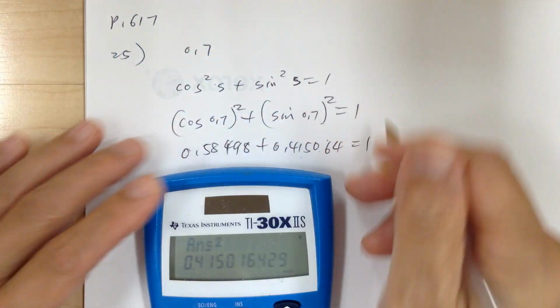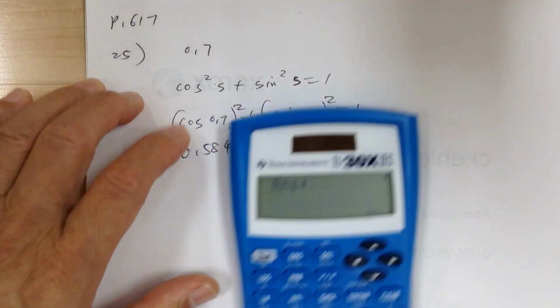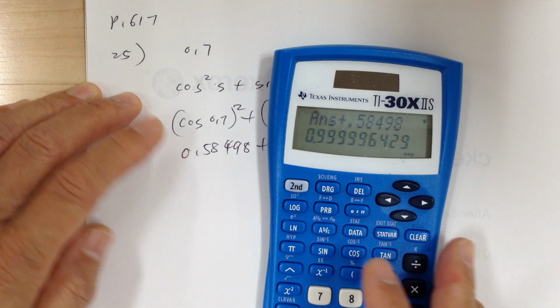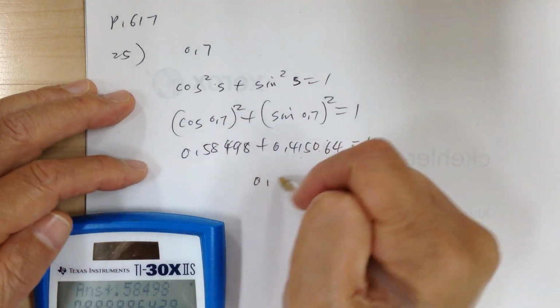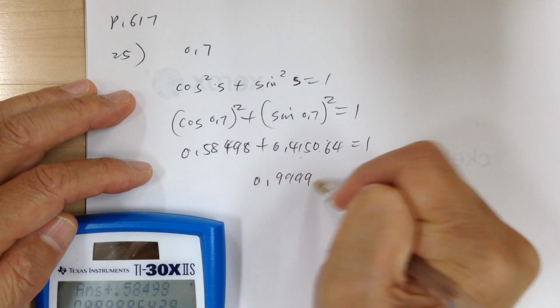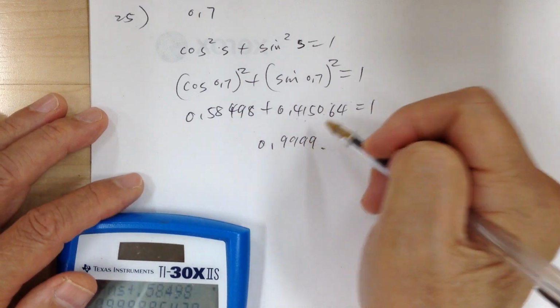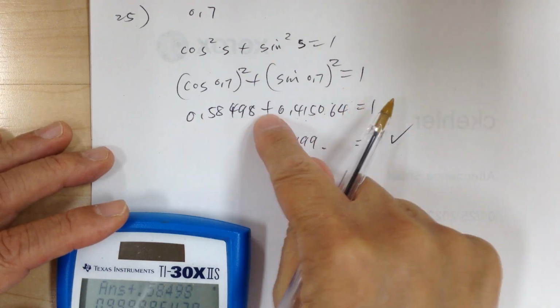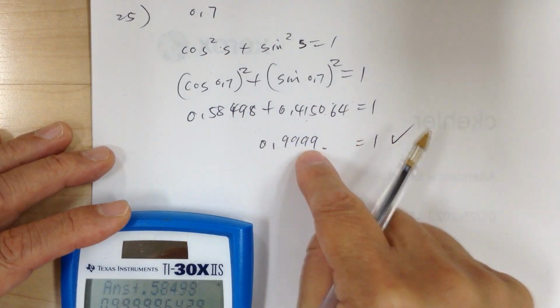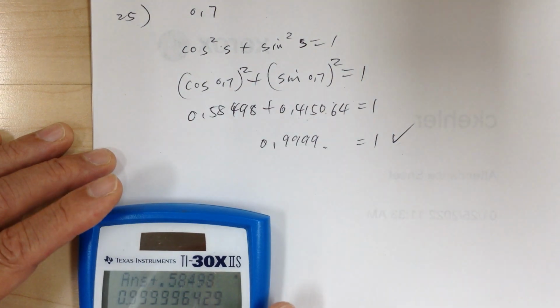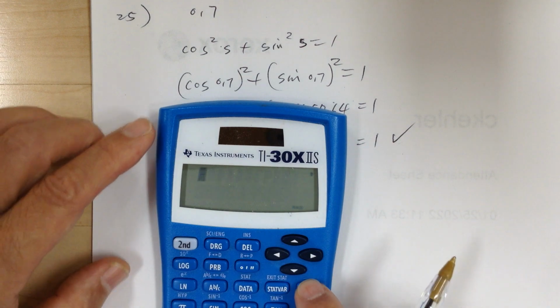And when you add, you're going to get 0.9999 something, but because it's rounding off, this is close enough. We're missing some digits, but you should see that it should be equal. If you type out the whole thing, then you can see that it's equal to 1.